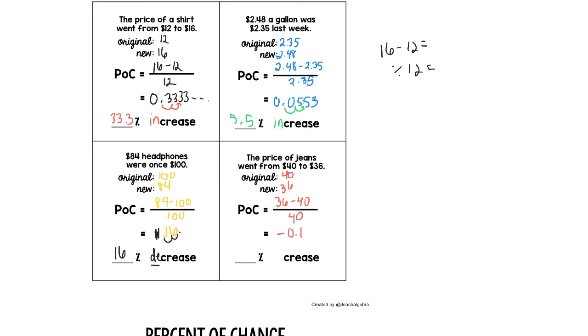Oh wait, we forgot one part. We've got to move our decimal point 2 places, and since there's nothing here, we make that a 0. So that's 10%. The negative means it's a decrease, and we don't care about the negative.